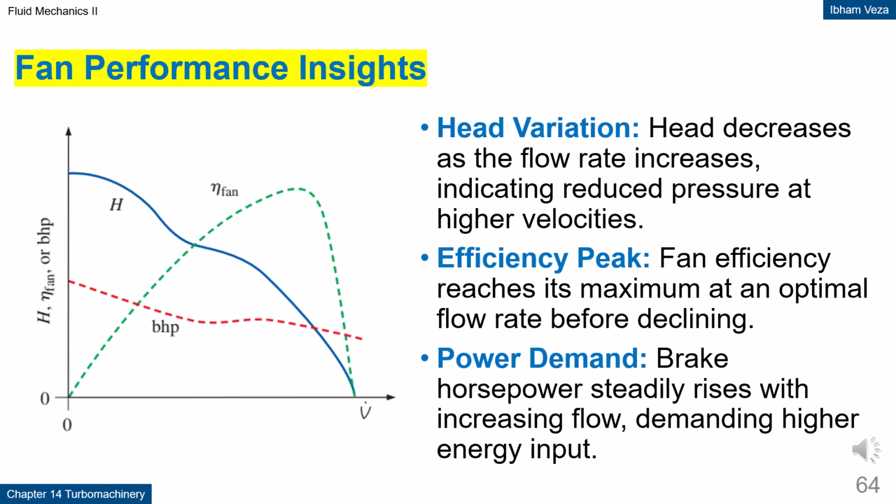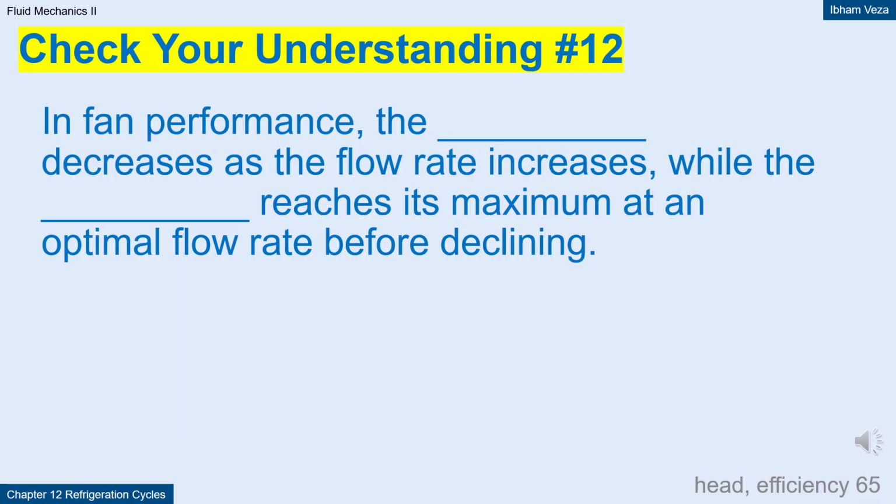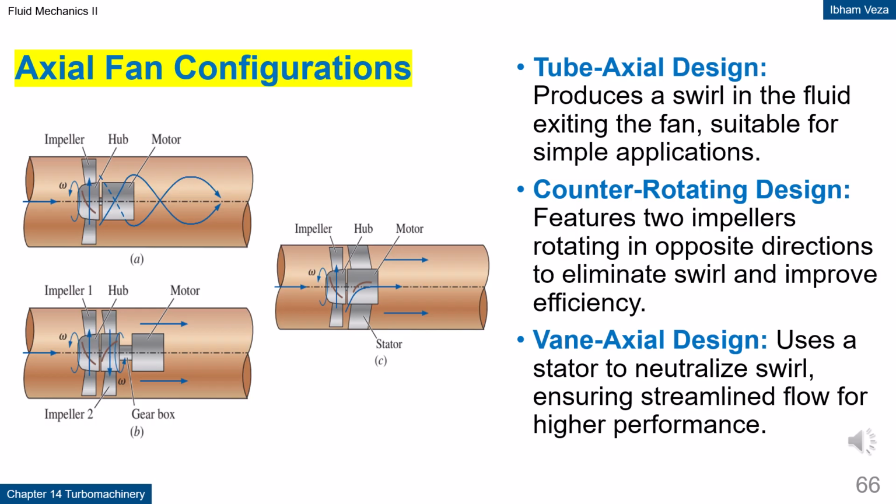Meanwhile, brake horsepower keeps rising as the flow rate increases. This shows that operating at high flow rates requires much more energy. In fan performance, the head decreases as the flow rate increases, while the efficiency reaches its maximum at an optimal flow rate before declining.